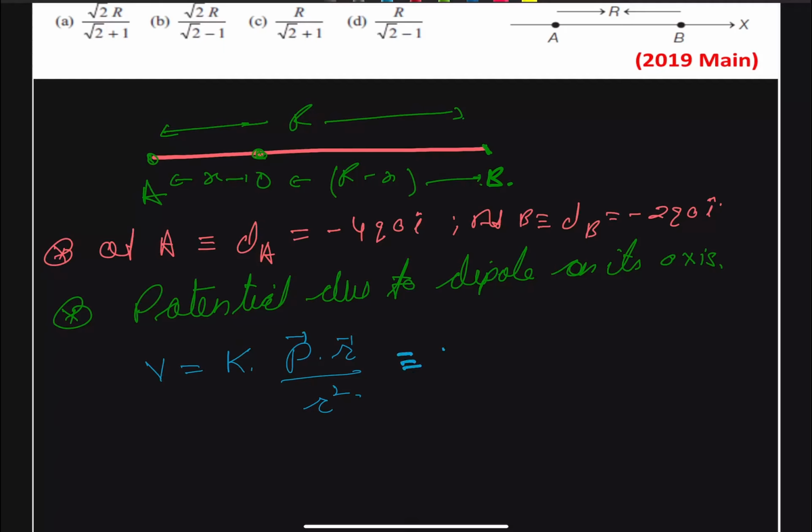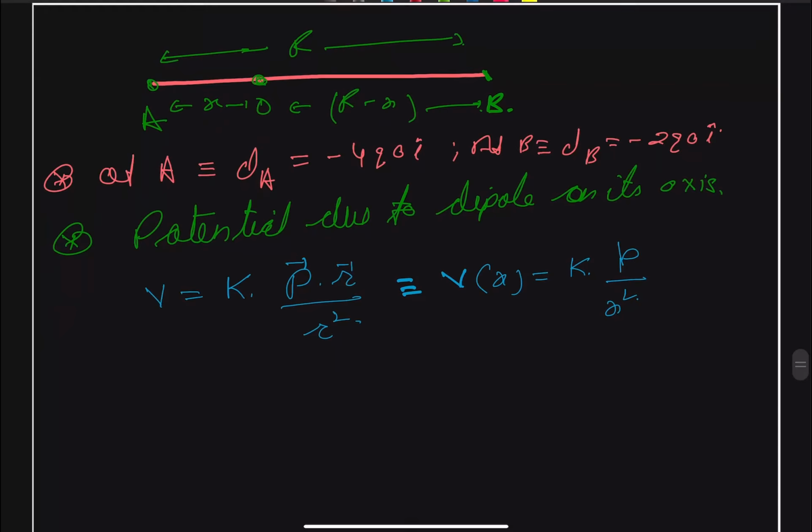V is equal to, so let me write it with respect to the distance. So we can say V at a distance of x will be equal to K, and this comes as P divided by x square. And we can divide this equation into 2 because we have two dipoles.